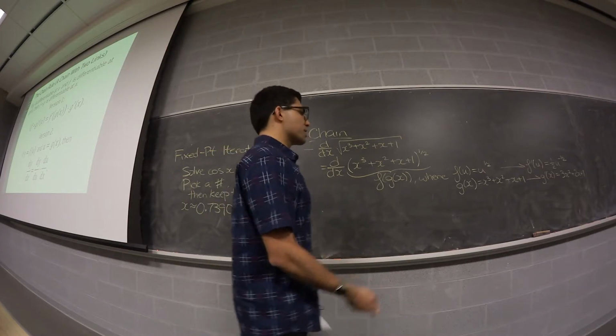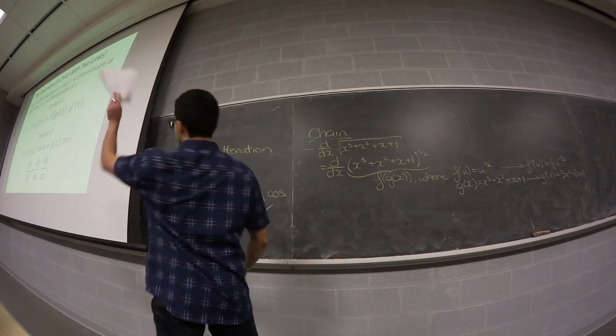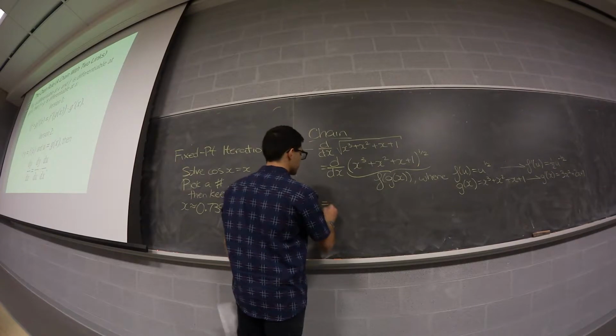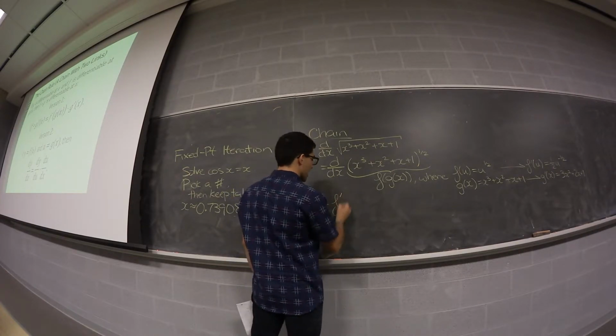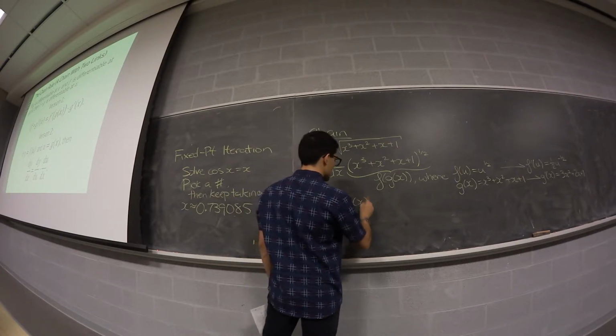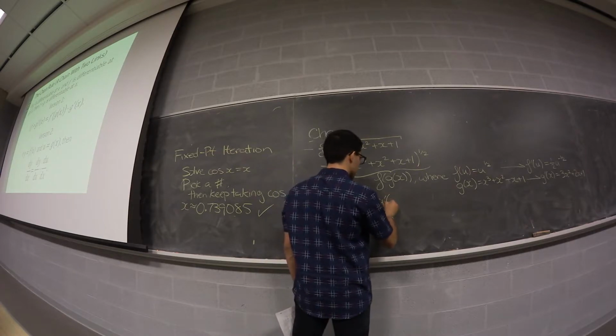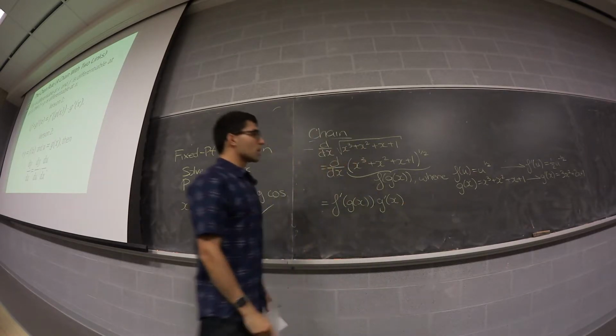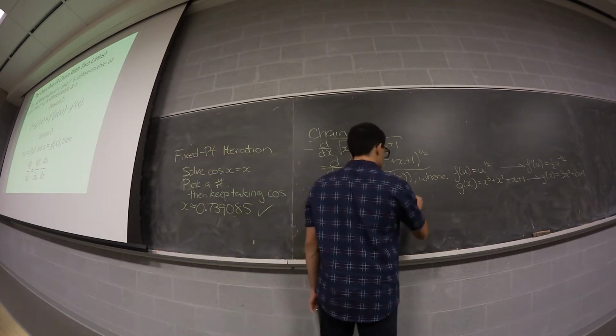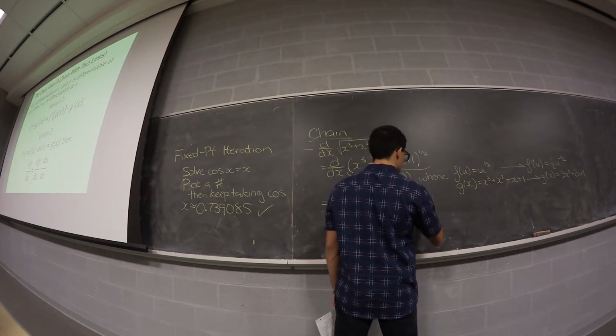Again, f is the outer function, g is the inner function, and then we just do what we're told to do. Derivative of outer evaluated at inner times derivative of inner. F prime is just this thing.